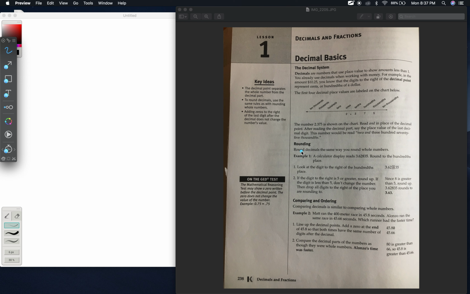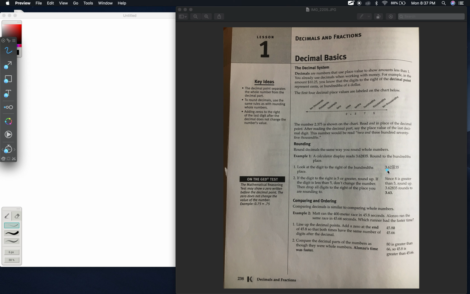So, rounding. Round decimals the same way you round whole numbers. Example 1: a calculator display reads 3.62835. Round to the hundredths place. Look at the digit to the right of the hundredths place.